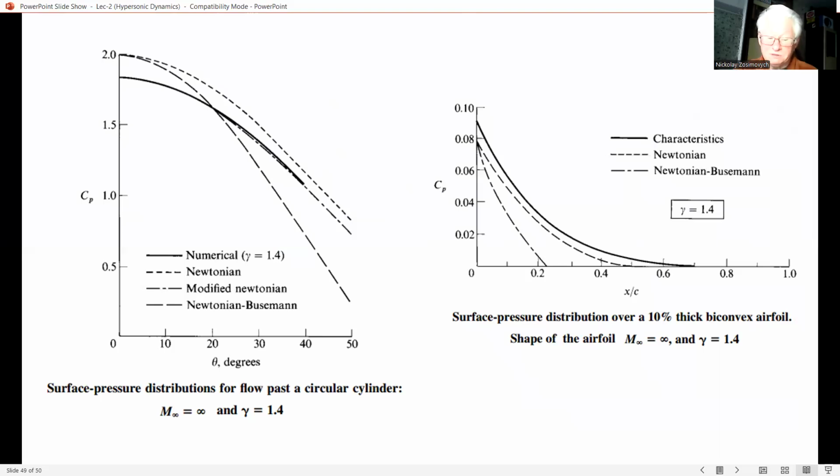And for this reason, the centrifugal force corrections are rarely, if ever, seen in contemporary applications of Newtonian theory for hypersonic vehicle design. And therefore, why have we spent an entire section of our lecture discussing such a correction?